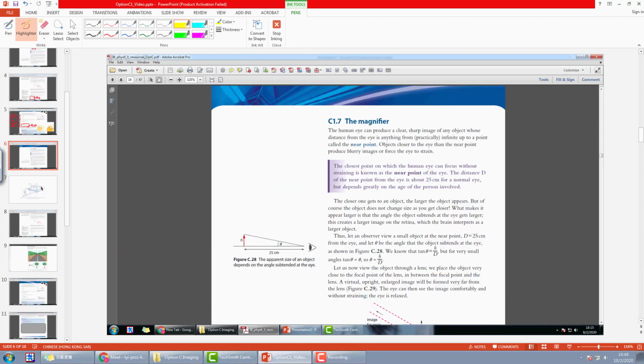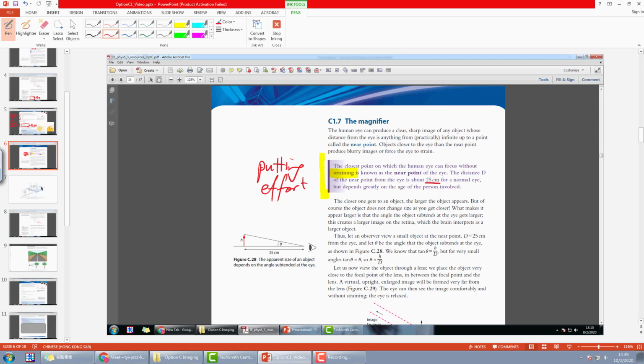Okay, so first of all, what is near point? You can read all of this here. There's a word called straining, and if you don't know this word, you can try to Google it; basically it means putting in effort. So when we say near point in IB physics, it's talking about a distance for a normal eye.